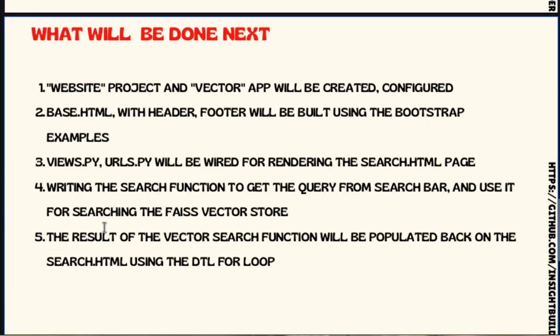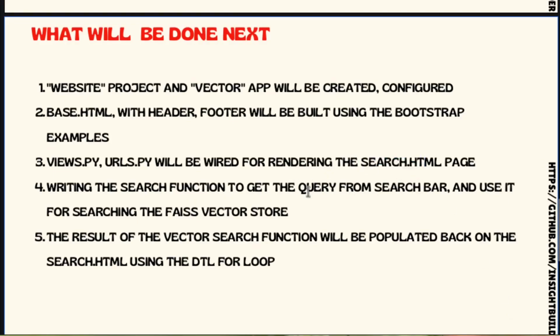Continuing further, what will be done next? Next we will be diving into the terminal and start building the project and an app. The project name will be website and the app name will be vector. Following that, we will be configuring the base HTML, that is the HTML page that will be used for creating the search.html.